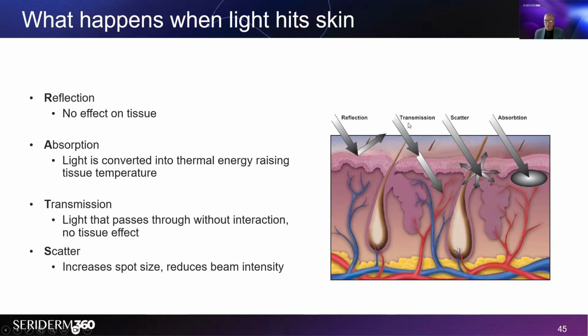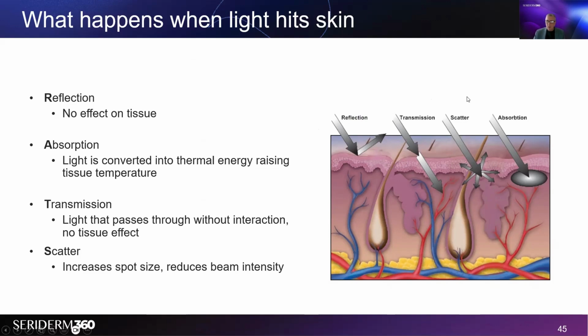In the same way as when you use an IPL, because we talked about with an IPL in the last section, you get this great scatter of light. To minimize that, you use the correct type of waveguide, but you also use a coupling gel. In the past, people have thought of gel as being there with an IPL to protect the epidermis, but it's actually there to provide a bit of an optical coupling to reduce the amount of reflection of light.